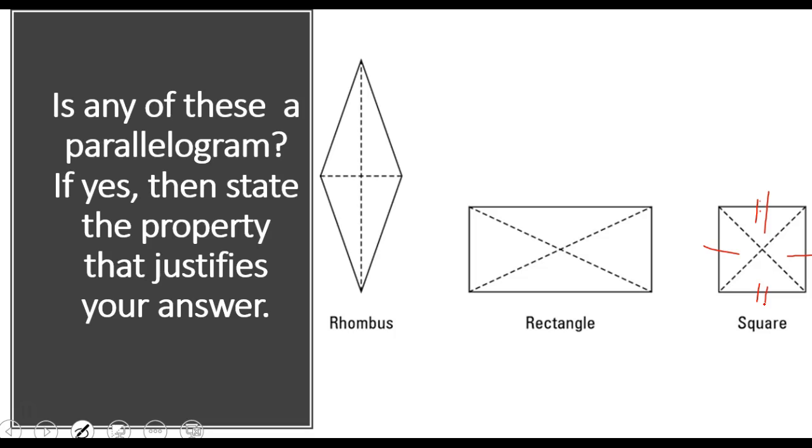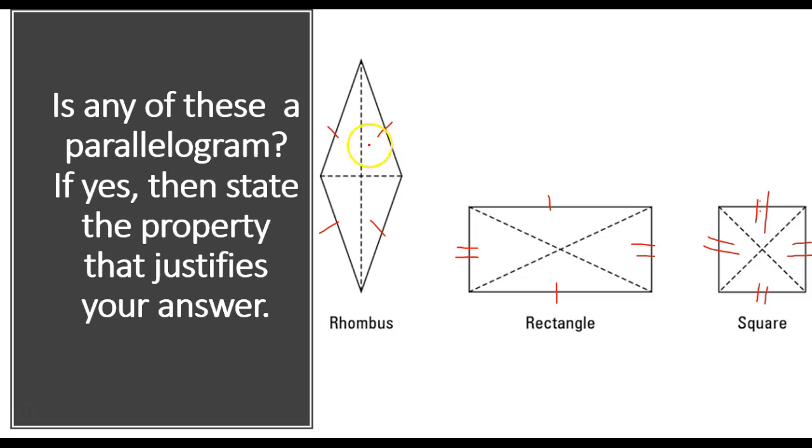How about a rectangle? We know that opposite sides of a rectangle are congruent and parallel, so that makes every rectangle a parallelogram as well. How about a rhombus? We know that all the sides of a rhombus are equal, just like a square.